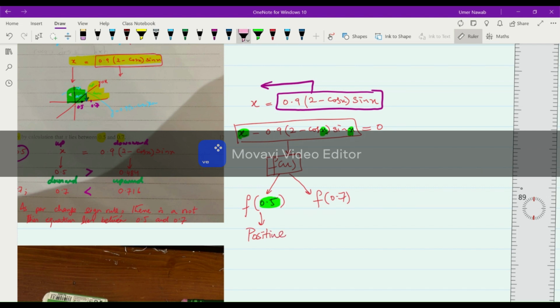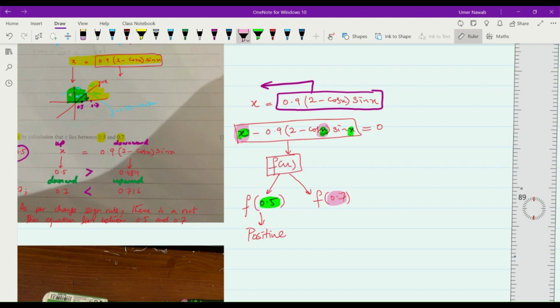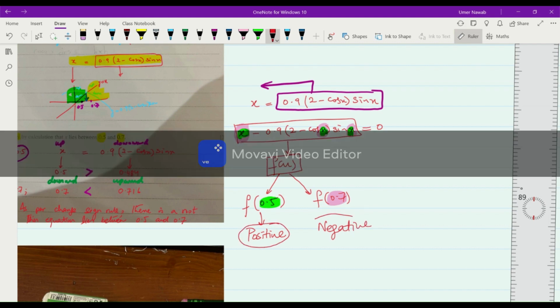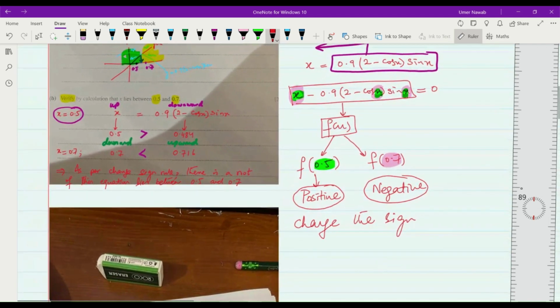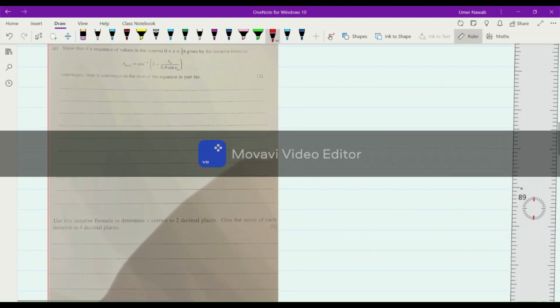And when you substitute 0.7 in the place of x, this f of 0.7 will be negative. That's why I said this is a second technique where we can use the change of sign rule. Okay? So the change of sign rule method ensures that the root lies between the two values.